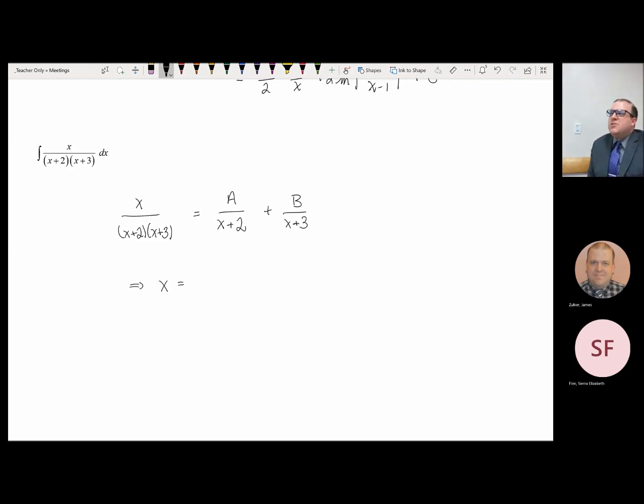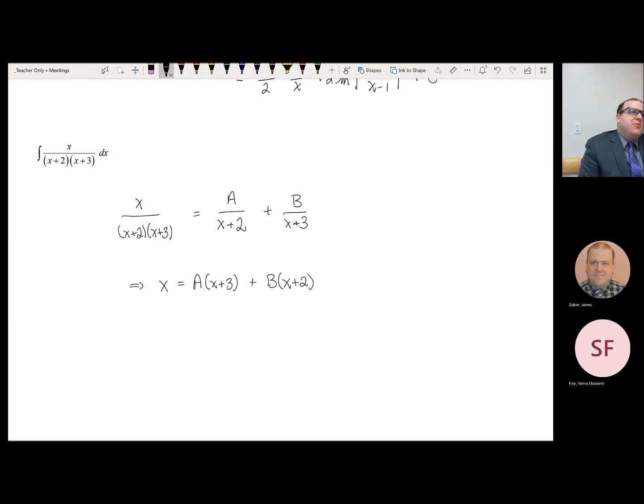All right, so multiply by x plus 2 times x plus 3. Here I can take a shortcut. Both factors are linear. Both factors are not repeated.